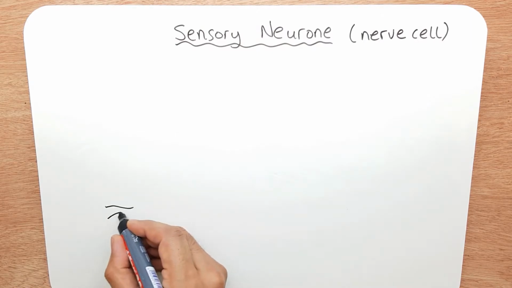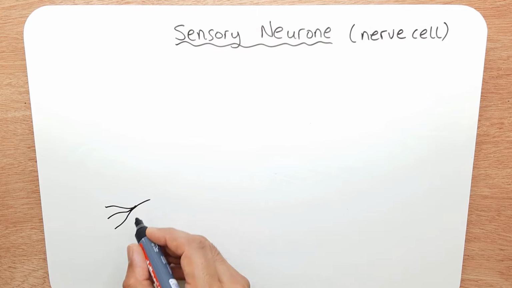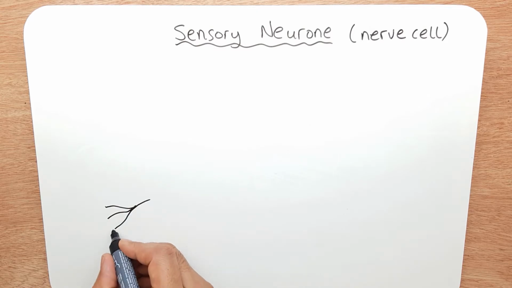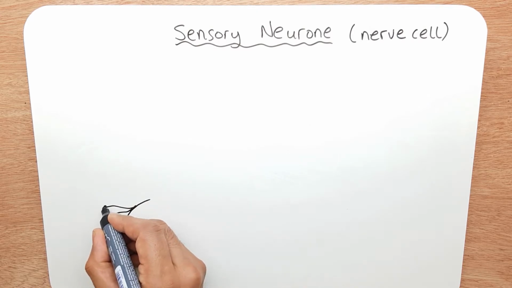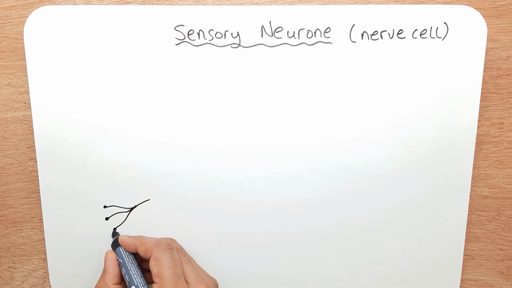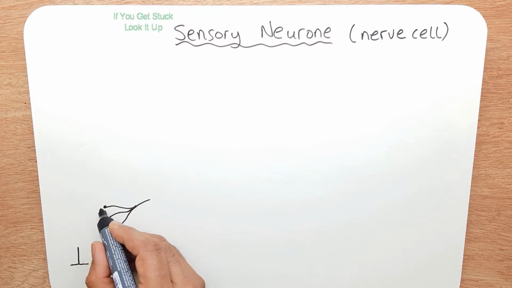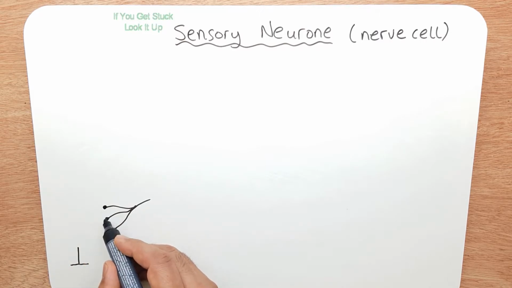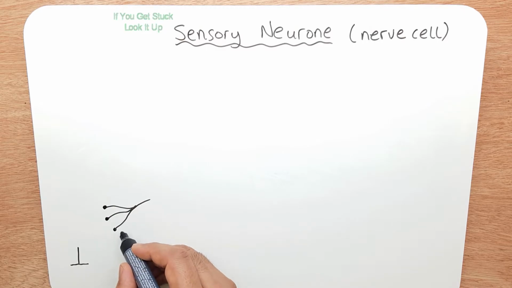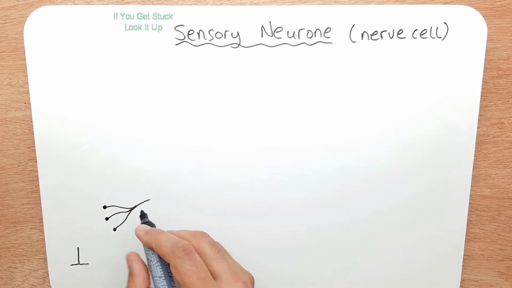You have these junctions with the sensory receptors. So for example, if the pin is here, your finger has got sensors on it, and they will connect to these junctions, and then the impulse travels up here.